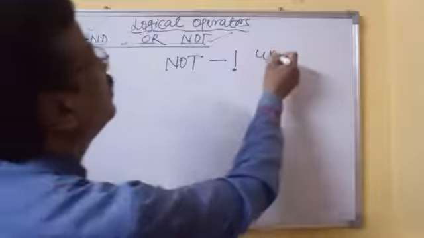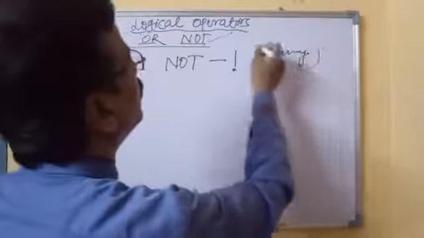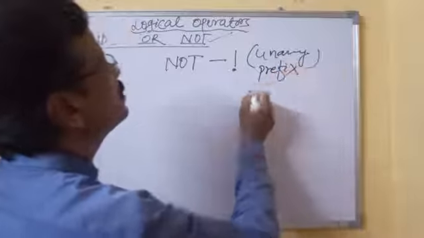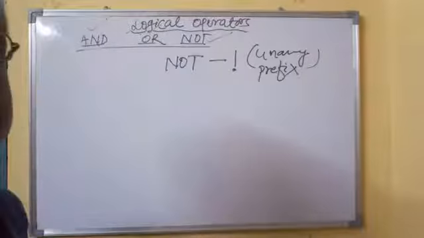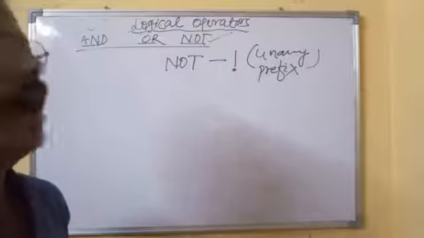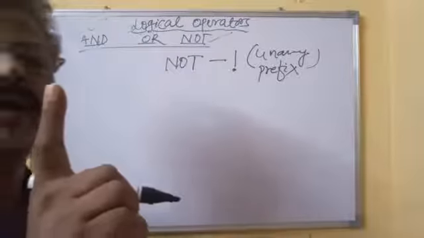In prefix notation you write the operator first, thereafter the value or expression, and since it is unary, only one operand is required.